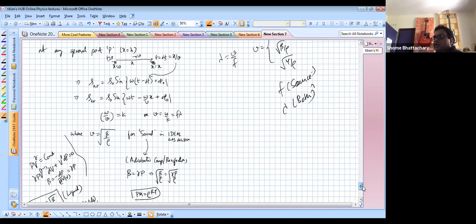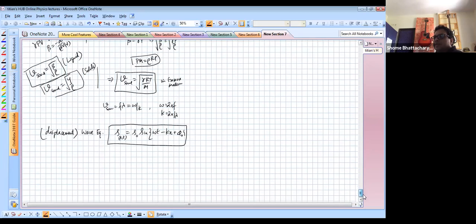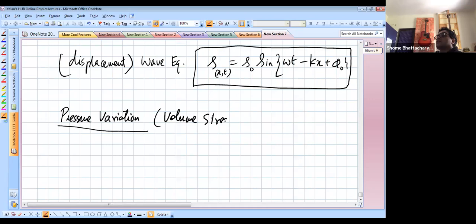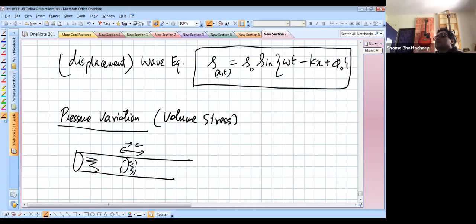That was that. Now, through a somewhat more lengthy derivation, you can also show the pressure variation that happens at any point as a result of that. So the displacement wave also creates a pressure variation, or you can say volume stress. Within your longitudinal medium like this, if you consider a section of air, because of the vibrations back and forth, this is alternately expanding and then compressing, and again expanding, then again compressing.